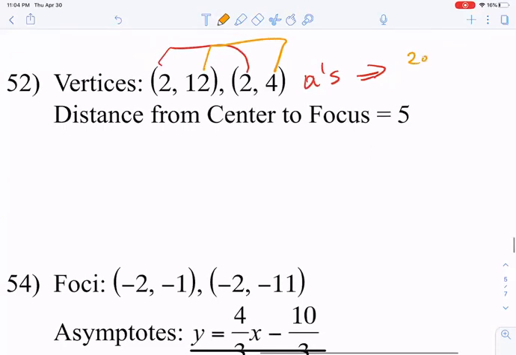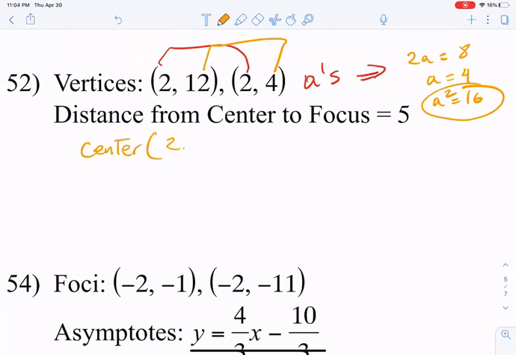So 2A equals 8 units. So A is 4, A squared is 16. So we're good with this part. And I need to find out the center. The center should be the midpoint between those numbers, which is 4 units.